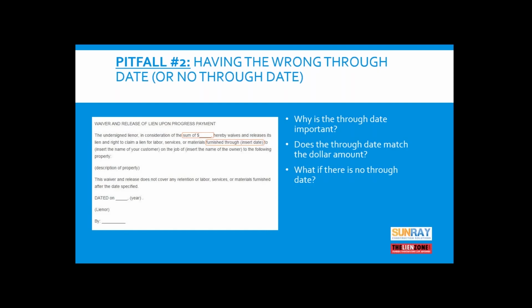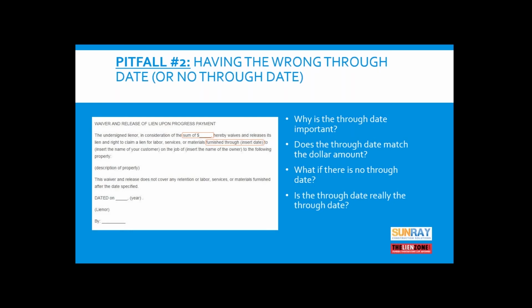If there is no through date in the release, then the release, legally speaking, is effective as of the date that you sign it. So that means that if you are expecting a check for the work through the end of December and you sign the release today and it has no through date, the legal impact of that document is that it's a release as of today.